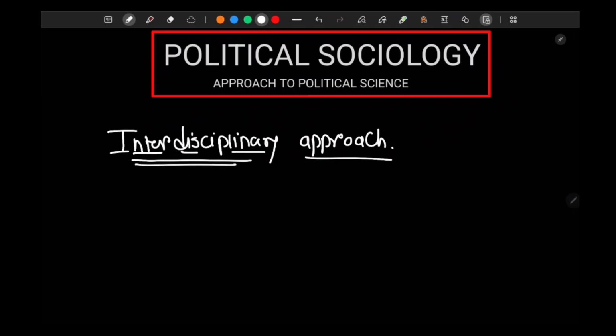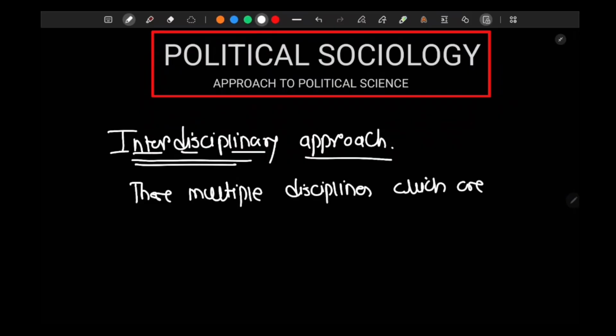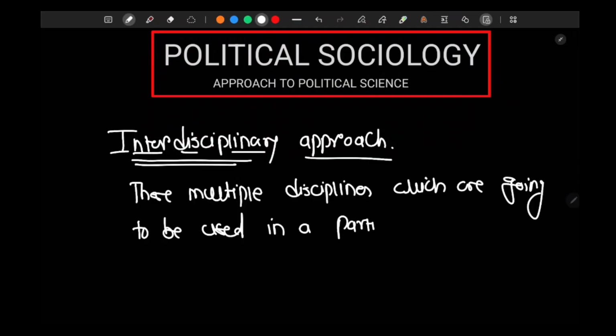Interdisciplinary means that there are multiple disciplines which are going to be used in a particular analysis.